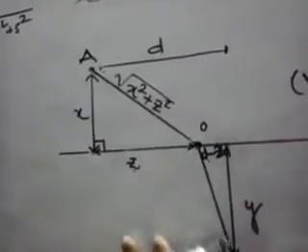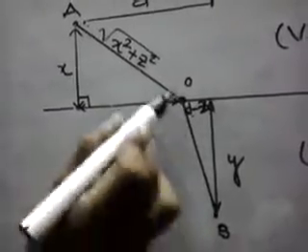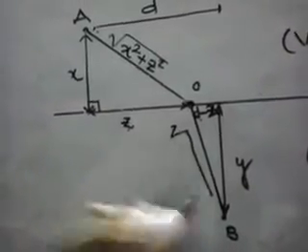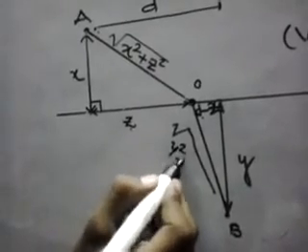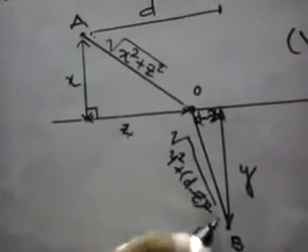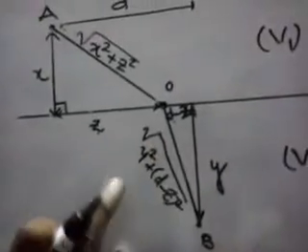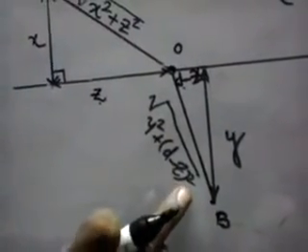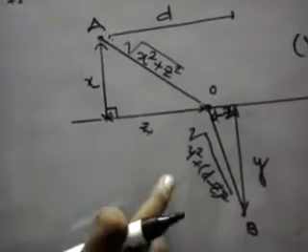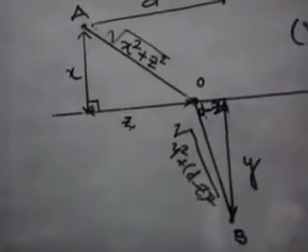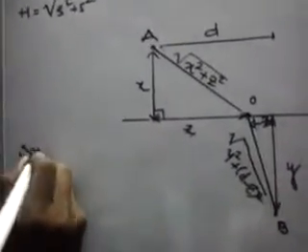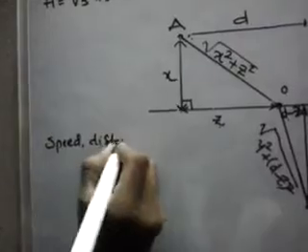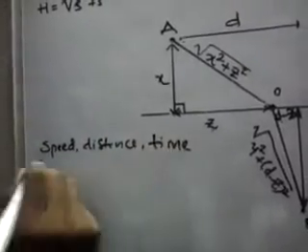And here OB is the hypotenuse, which equals the square root of y squared plus (d minus z) whole squared. So AO is root over x squared plus z squared and OB is root over y squared plus (d minus z) whole squared. Now you all know the relation between speed, distance and time.